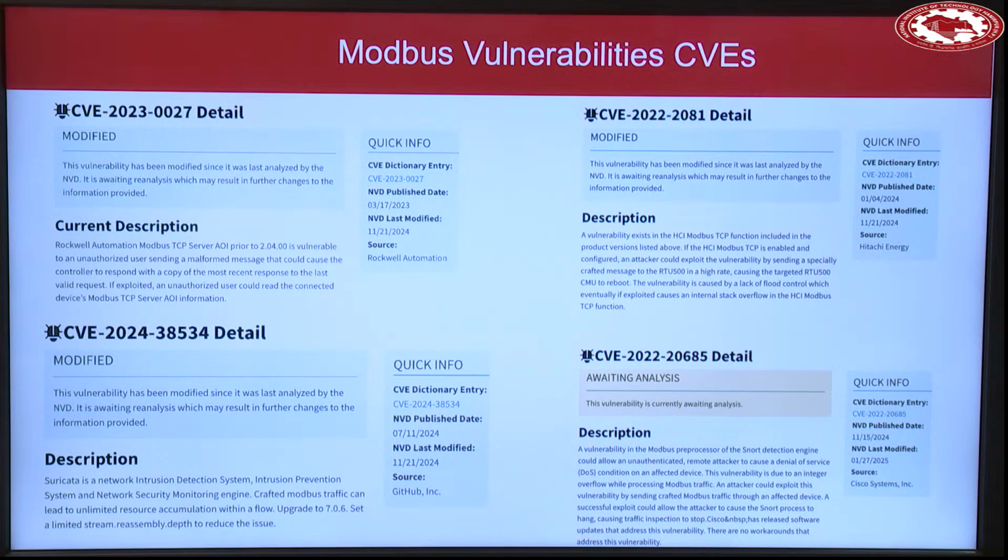If they find it's true, they'll publish it, so that anyone gets to know that this is the vulnerability. If you're using Modbus, pay attention to it. But then people also look around, are there any patches? If there are patches, they will update it, saying this has been fixed. By looking at this database, you get a sense of what the current vulnerabilities are on this particular server, on this protocol, and so on. So it's a really nice database to help us.